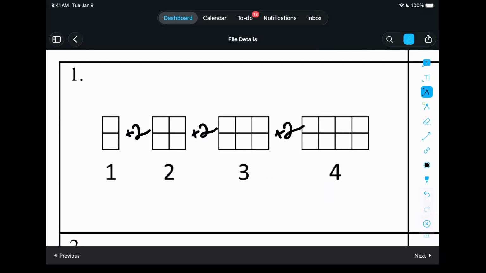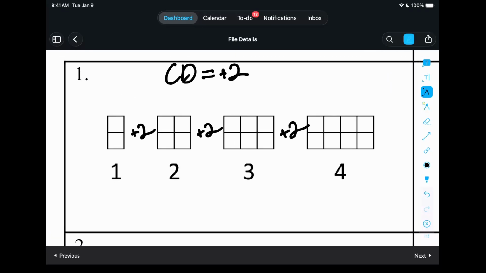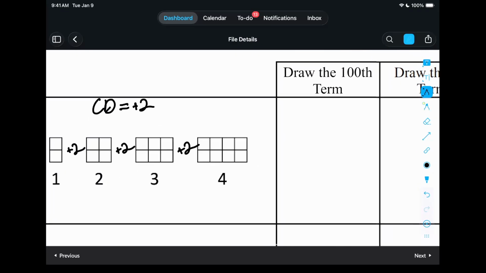So it seems that our common difference, I'll abbreviate this capital CD so it doesn't look like I'm multiplying variables, CD, common difference, equals +2. Yay. Going through all that, examining that, I gotta move on.